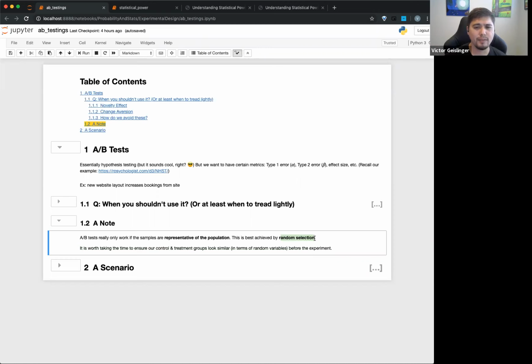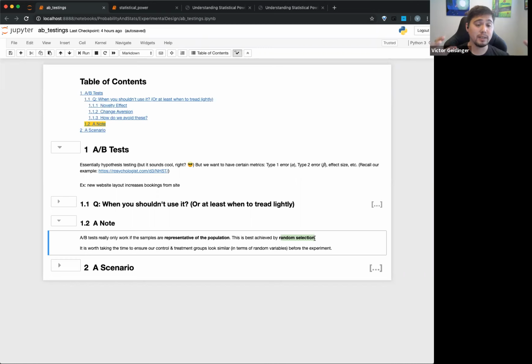For example, I used a school scenario before with another cohort: if you had a school of first, second, third, fourth, and fifth graders, but the second grade class is relatively small and you randomly sample, there's a chance you'll skip over the second graders, and they won't be represented in your A/B test.